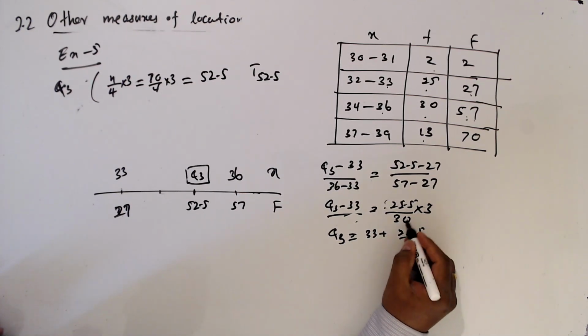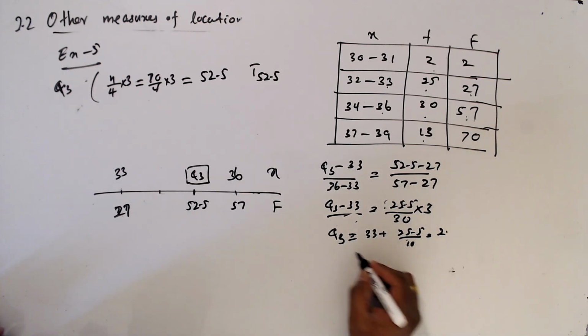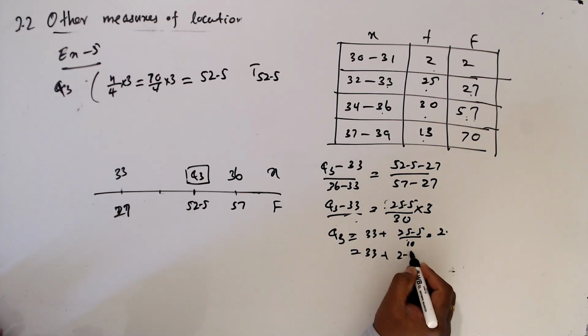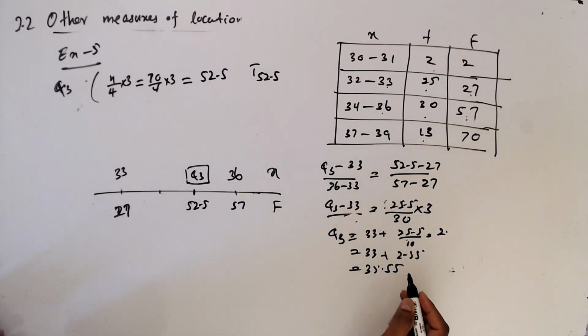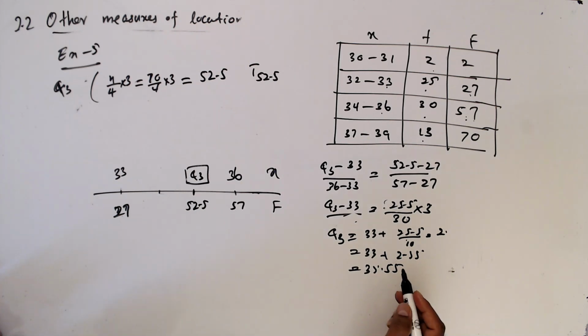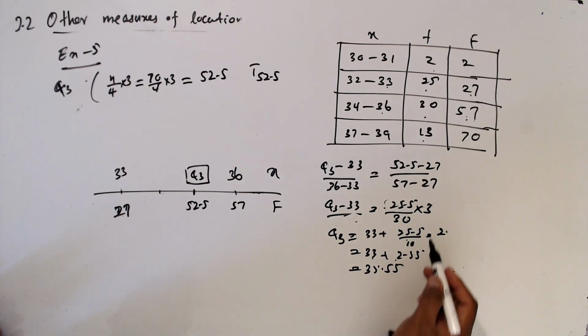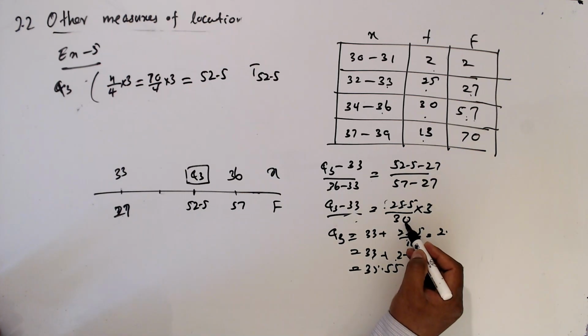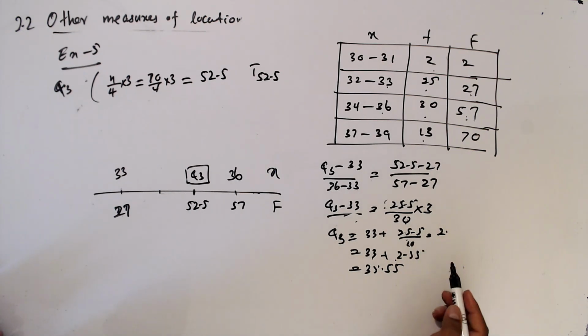I divide 3 and 30. It means this is going to be 33 plus 2.55, which is 35.55. Why is it 25.5 multiplied by 3, this is 30? Yeah, okay, this is 10, 2.55.